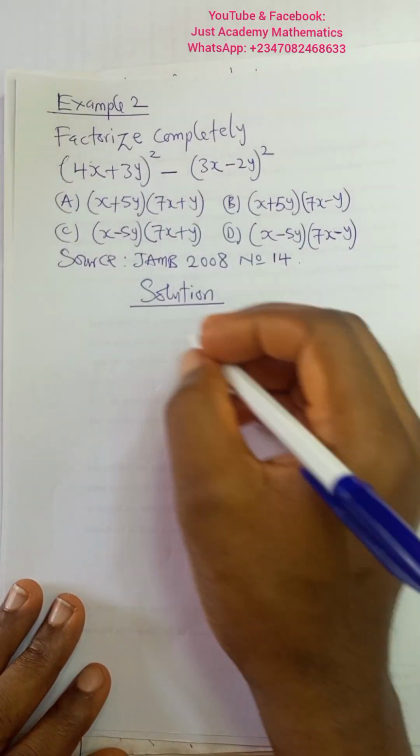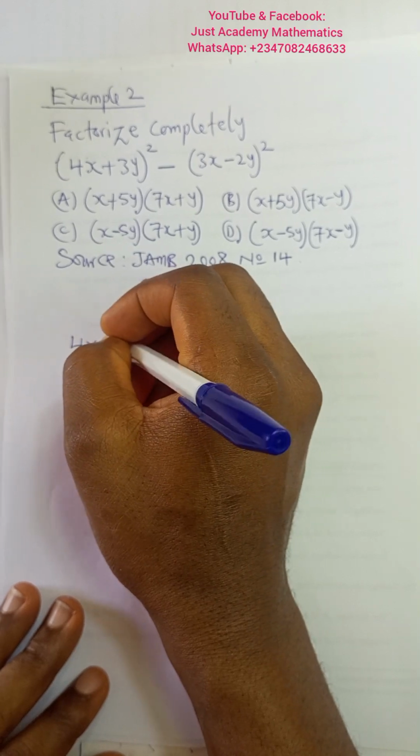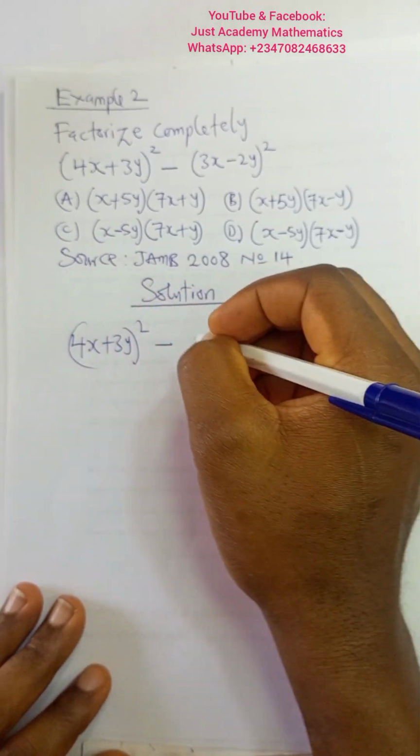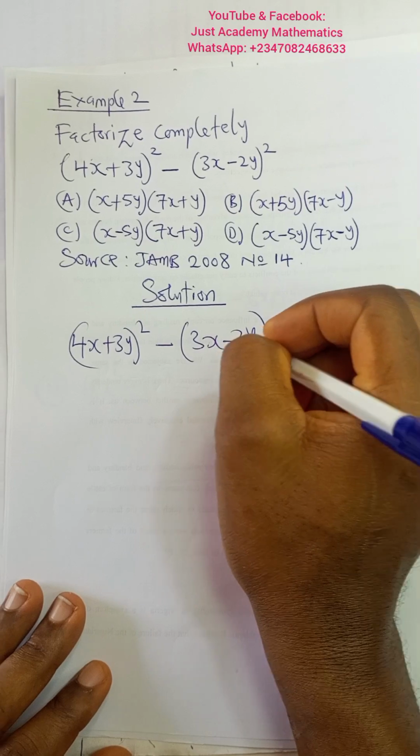So that is exactly what we'll be doing with this. This one you are seeing now, which is (4x plus 3y) squared minus (3x minus 2y) squared.